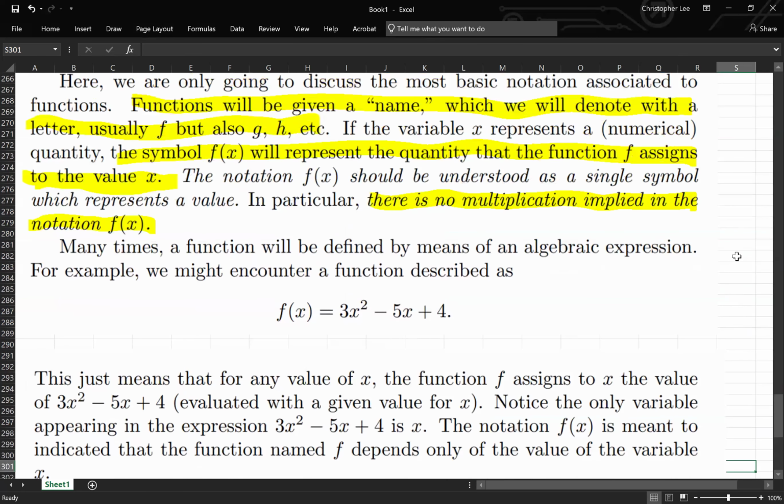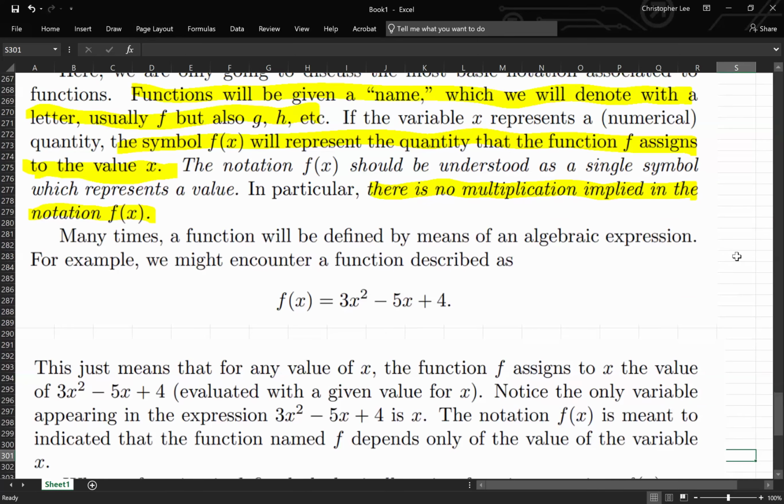So this just means that for any value of x, the function f assigns to x the value of 3x squared minus 5x plus 4, evaluated with the given value of x. Notice the only variable appearing in the expression 3x squared minus 5x plus 4 is x. The notation f of x is meant to indicate that the function named f depends only on the value of the variable x.